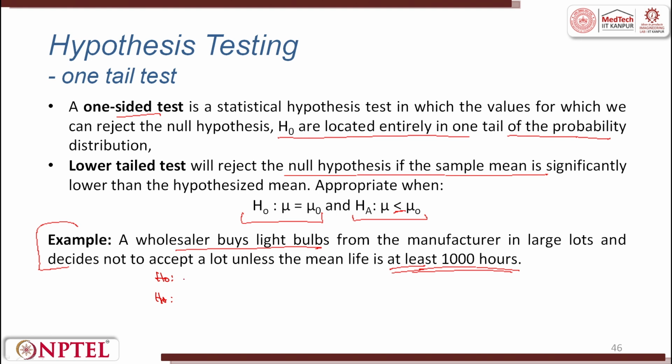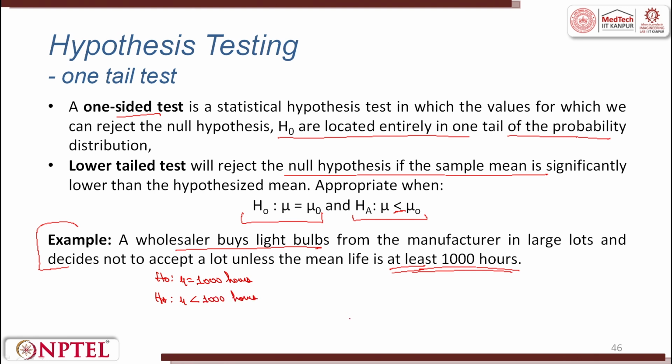So, H naught is that mu is equal to 1000 hours, and H alternative, because it is a one-tail test and a one-sided lower tail test, is mu less than 1000 hours.